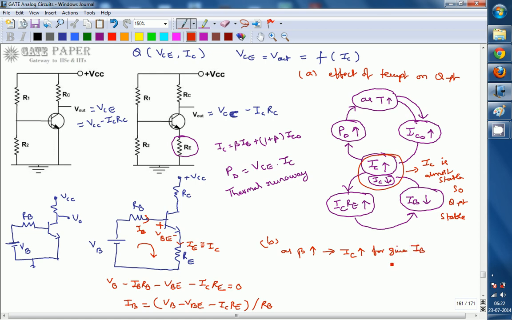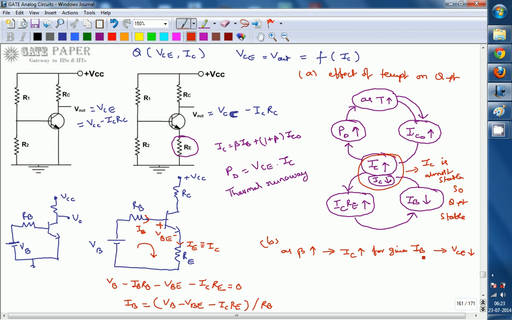That is, for a fixed IB, even though you are not changing the IB value, if beta increases, IC increases. Whenever this takes place, VCE reduces. If RE is not present, this is the situation. If RE is present, IC increases.